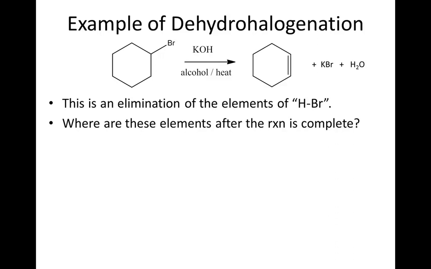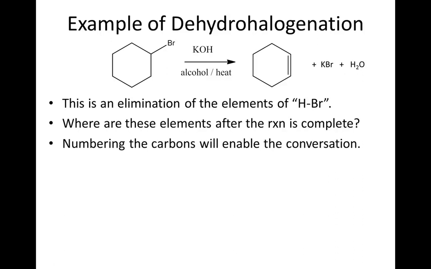The Br is a counter ion, an anion to the potassium. The potassium cation is merely a spectator. It's just there for the ride. And the OH picks up a proton off of one of the carbons, and so the hydrogen off of this molecule and the bromine off of this molecule are ending up in these two different components.